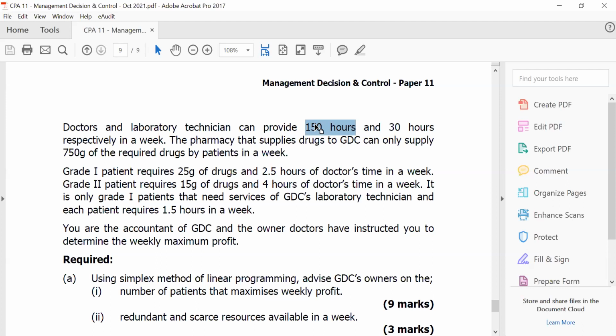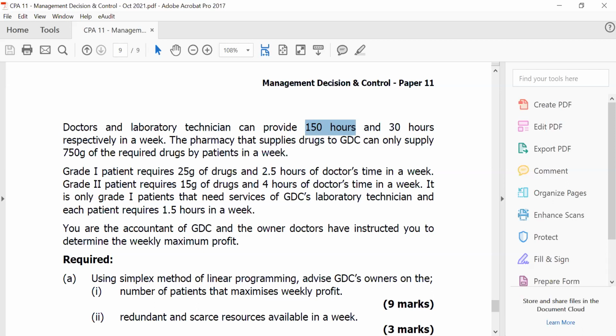So what I'm going to do is get what each patient requires under grade 1, which is 2.5, and our set time was X, plus what we need for the doctor on grade 2, which is 4Y. This should fit within the number of hours that are available for the doctors.